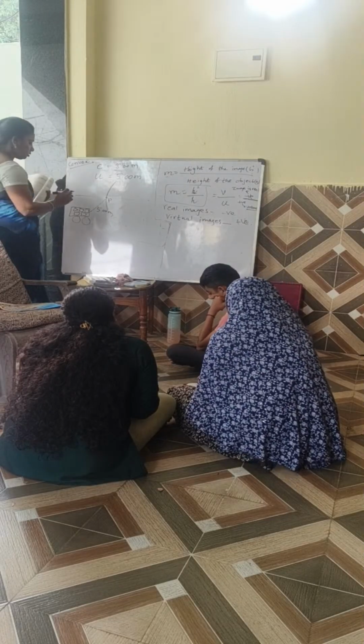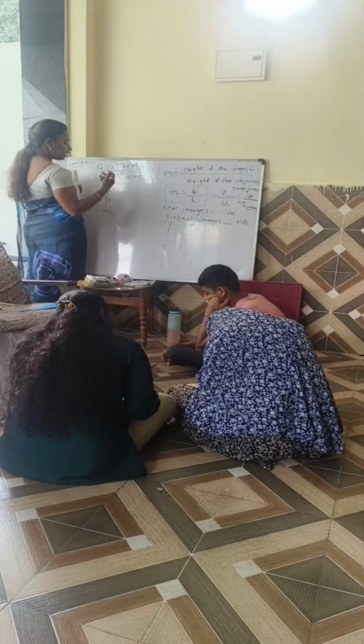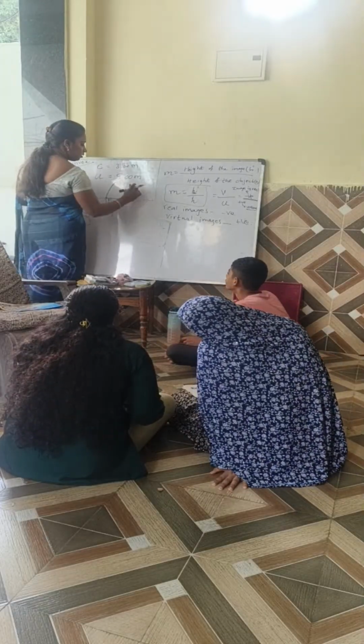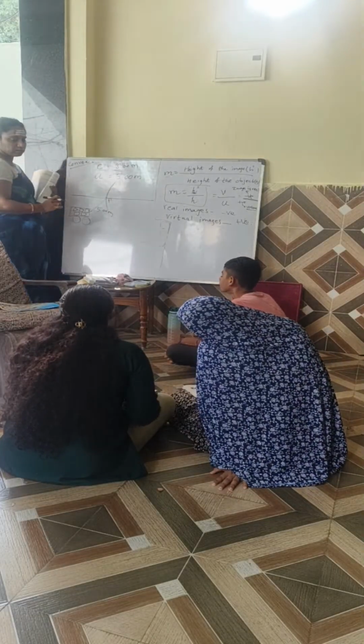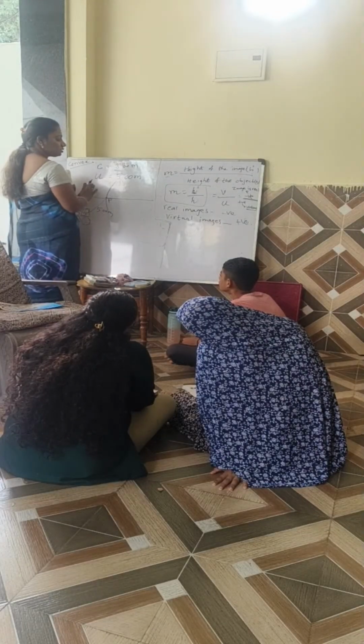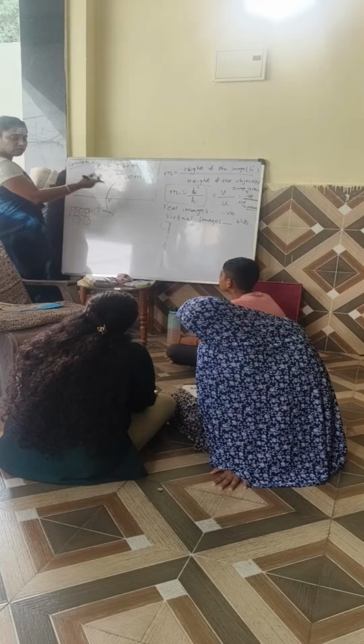So where will the image form? It will form back side. That means this is the front side. What are the values, positive or negative?